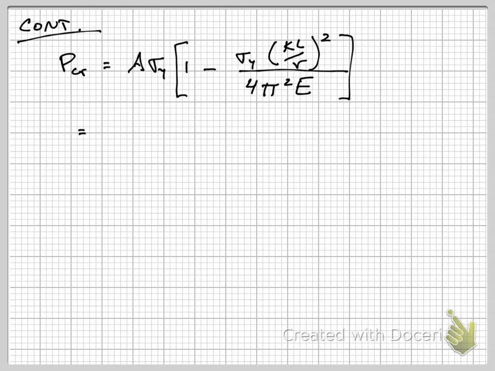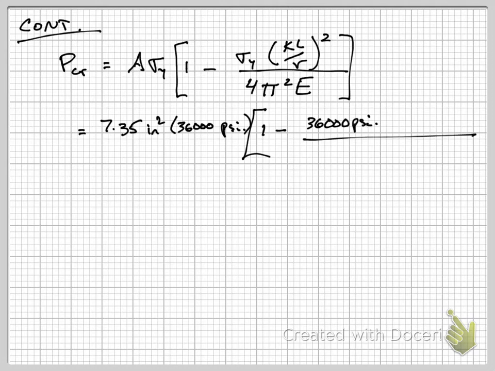I looked up and my area is 7.35 inches squared, 36,000 psi times 1 minus 36,000 psi. I'm going to do the KL over R here in a second. 4 pi squared, 29 million.